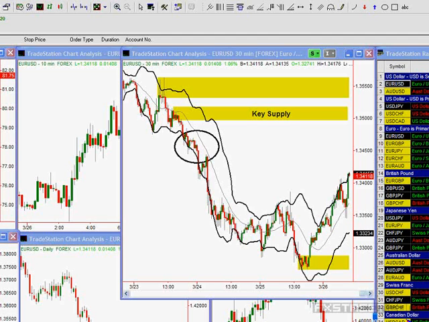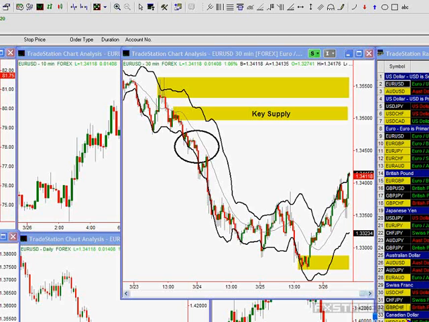Another way to say that is when you have levels on top of levels, it's a good idea to take that outer or distal level. Does that make sense? In other words, if it was just a straight shot up to that key supply level, it can work, and that's fine.